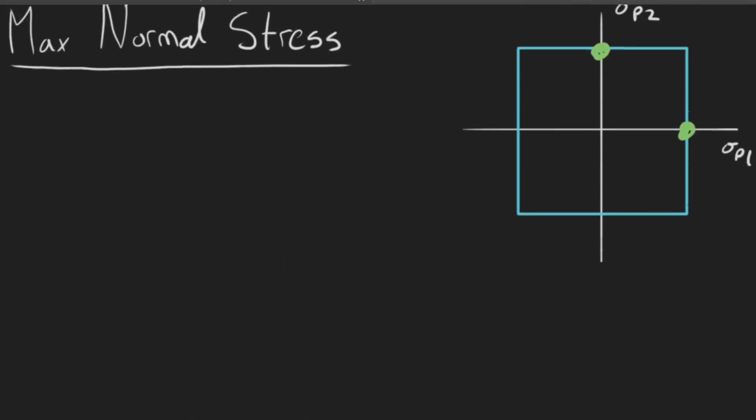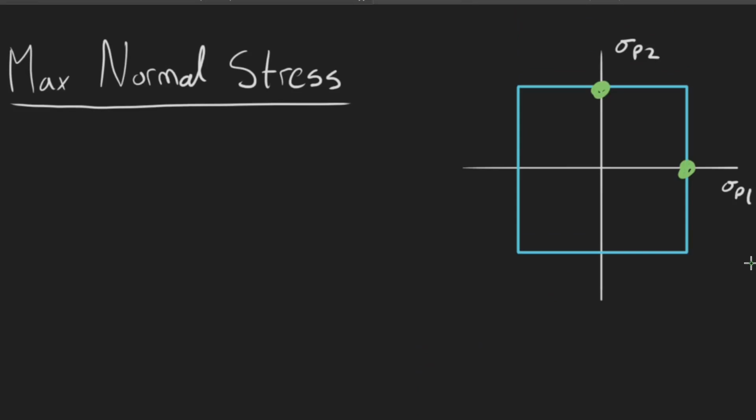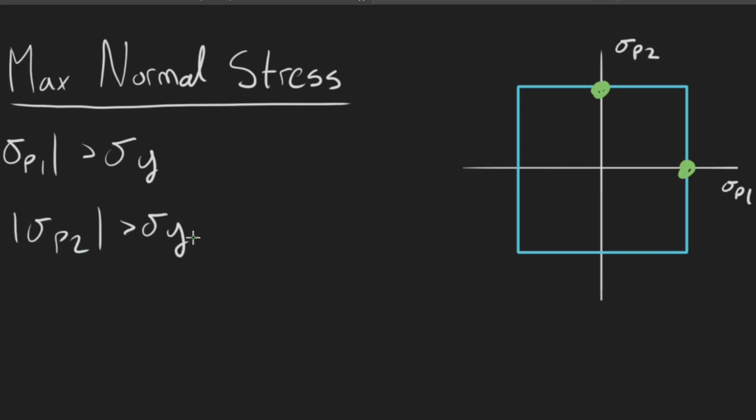And if we write out the specific conditions, this one is just going to fail if the magnitude of sigma P1 is greater than my yield, or the magnitude of sigma P2 is greater than my yield. Your factor of safety is going to be whichever of these is closer to failure, so sigma yield over sigma P1 or sigma yield over sigma P2, whichever is lower.